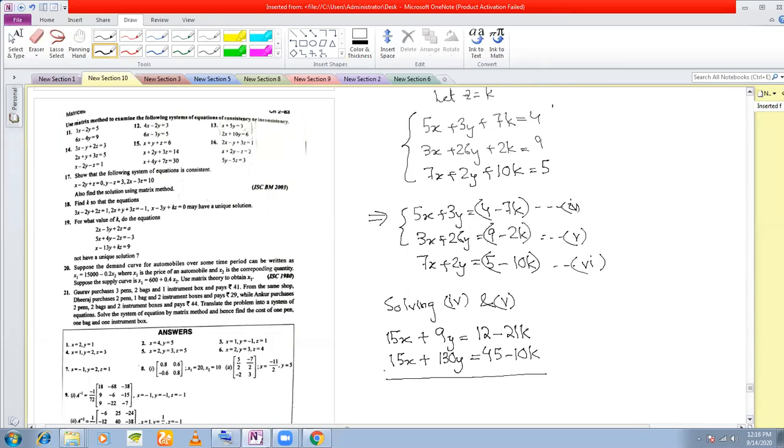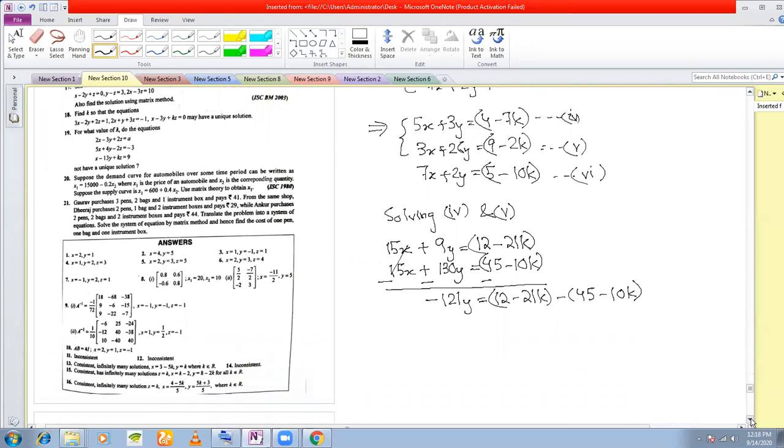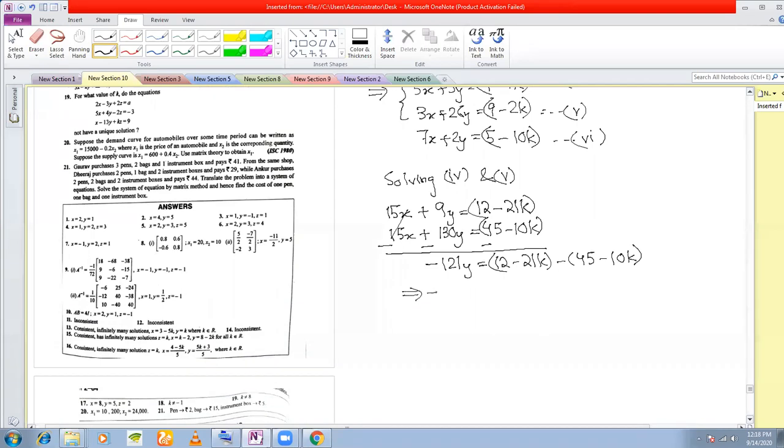Subtracting, 15x cancels off. So you get 9 minus 130, minus 121y, is equal to 12 minus 21k minus 45 plus 10k.